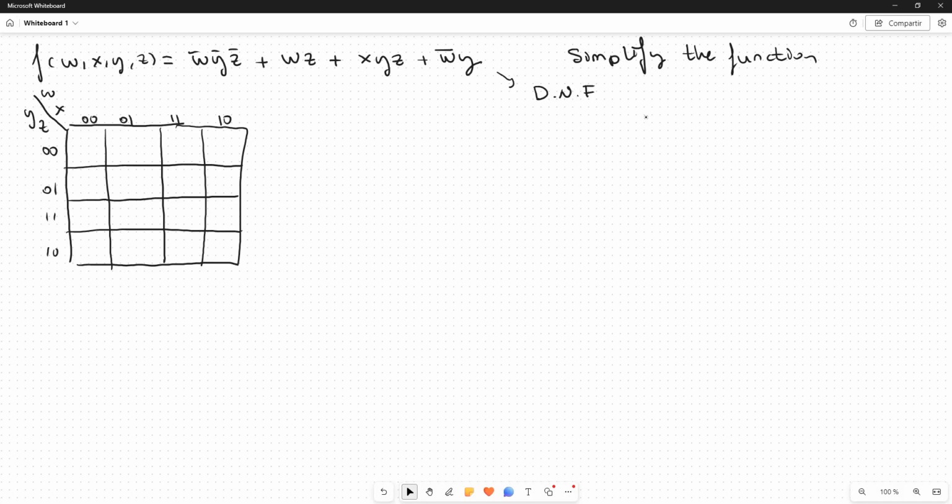Disjunctive because it's a sum of product terms, and normal because the product terms are not min terms, they are just product terms. Some of them are min terms, but not all of them. So it's the normal form, not the canonical form. So we know that these product terms are a combination of the inputs for which the output is 1.